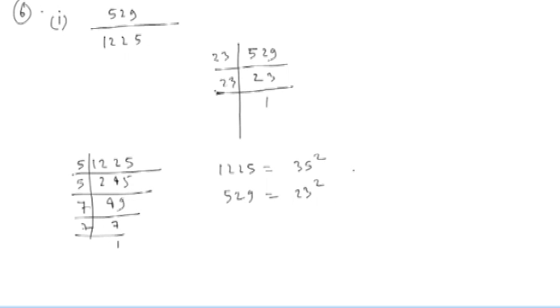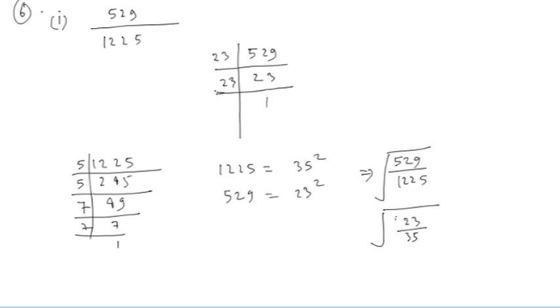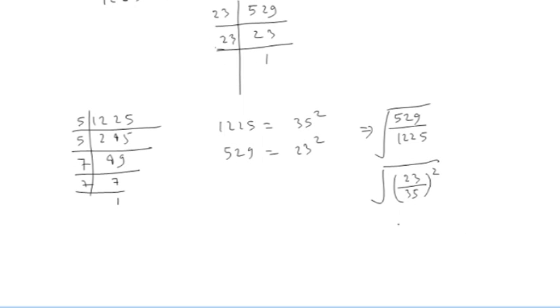So we can write 529 upon 1225, so the square root of this number will be 23 upon 35. So 23 upon 35 will be the square root.